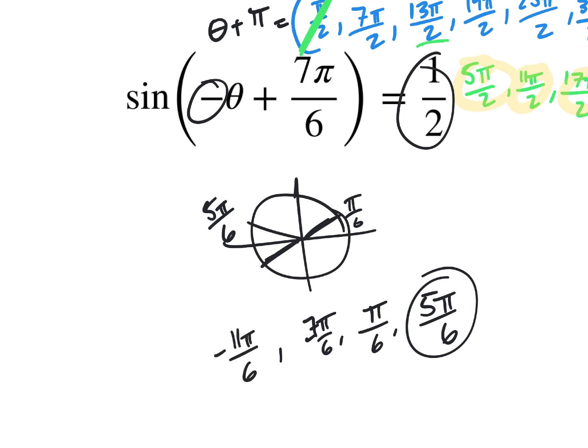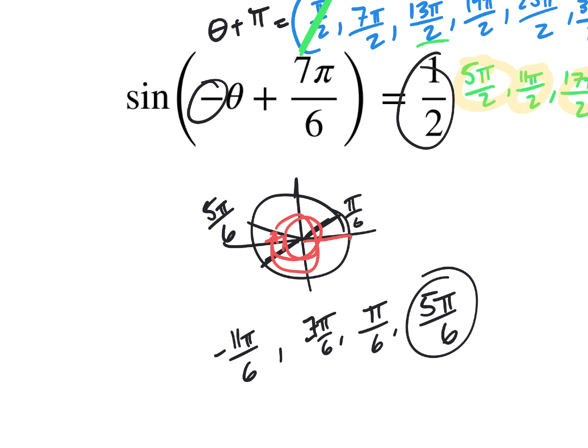I'm just thinking, okay, if I start at this angle and I go back, if I go back, clockwise I mean, this would give me another spot right here. So if I started here and I went backwards, that would give me negative 7 pi over 6. Okay, negative 11 pi over 6.